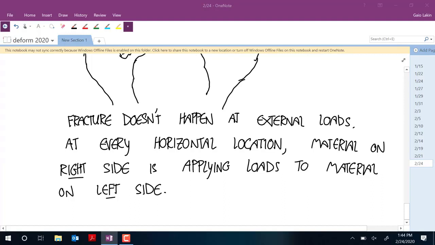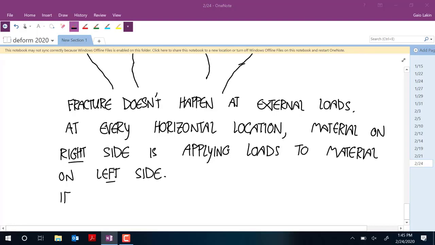But the key thing isn't the force that's externally being applied. The key thing is the force that's required to be applied by the surrounding materials in order to maintain static equilibrium.